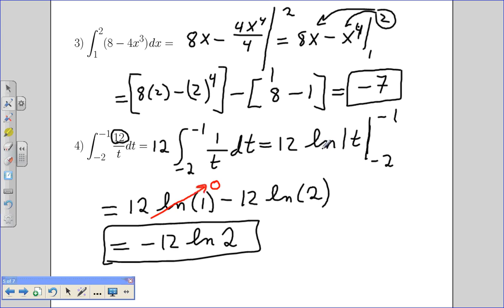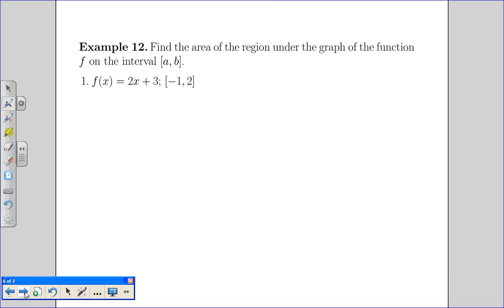Now, here it says find the area of the region under the graph of the function f on the interval a to b. And here we have a function, it's 2x plus 3 on minus 1 to 2. Now, when you want to find the area of the region, all you have to do is take the integral. That's the integral from a to b of f of x.